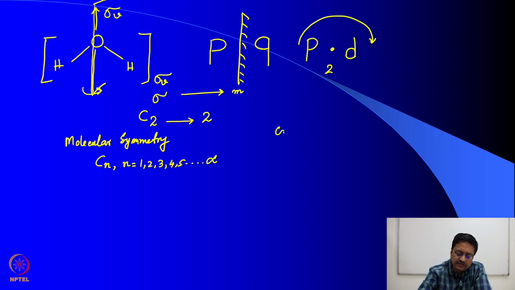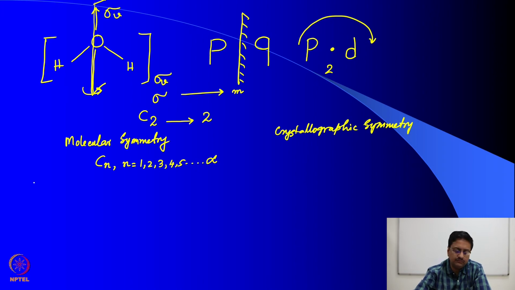In crystallographic symmetry, this principal axis, the rotational axis of symmetry Cn, is simply written as n, and the value of n is restricted to 1, 2, 3, 4 and 6 only.